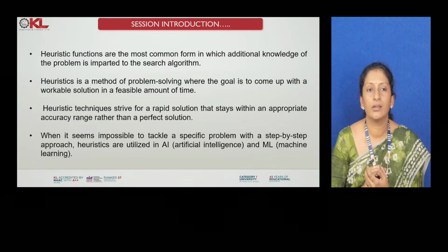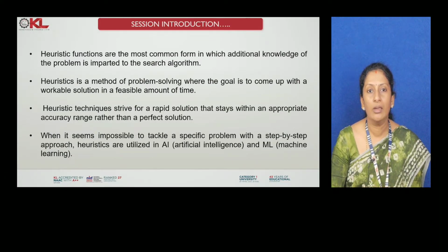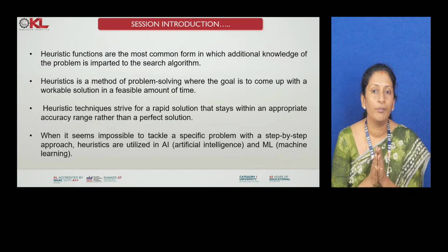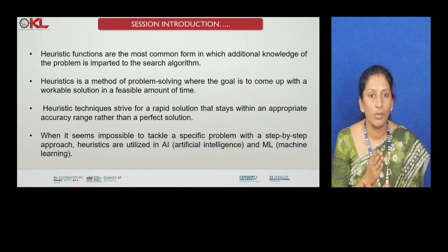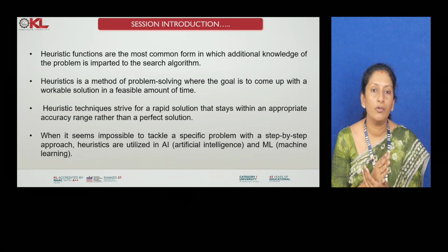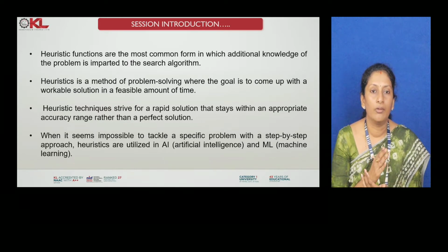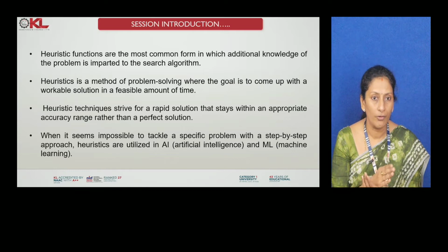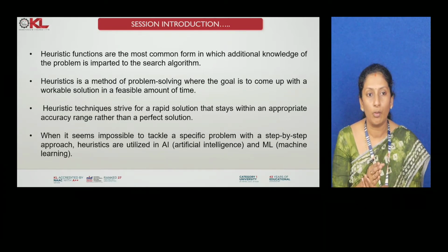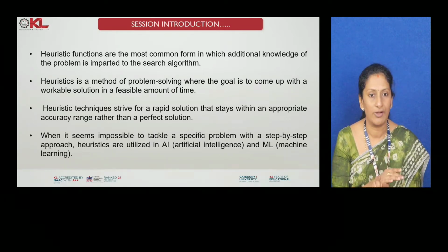Heuristic functions are a form where additional knowledge of the problem is used in a search algorithm in solving a problem using artificial intelligence. When we are going to find a goal for a given problem within a feasible amount of time, we use a heuristic function.